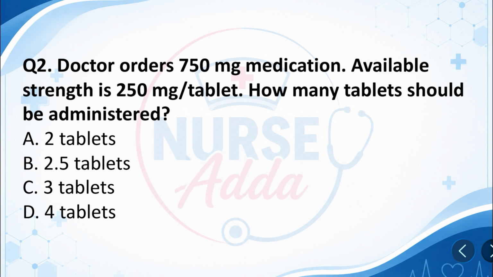Question number 2. Doctor orders 750 mg medication. Available strength is 250 mg per tablet. How many tablets should be administered? The right answer is option C, 3 tablets.